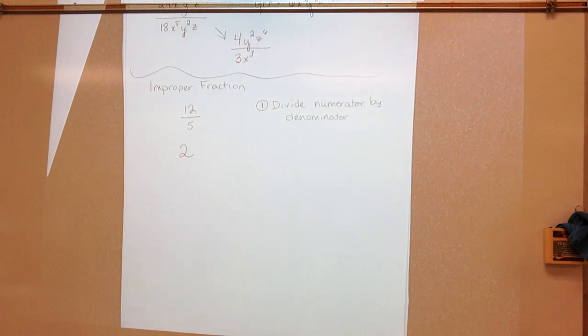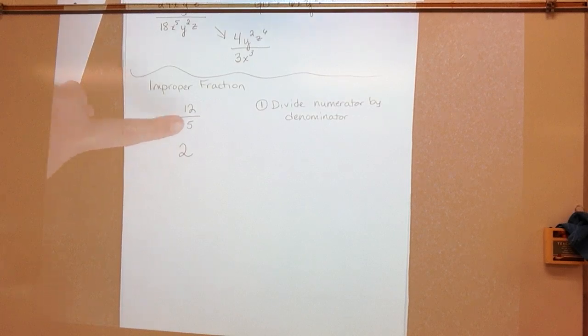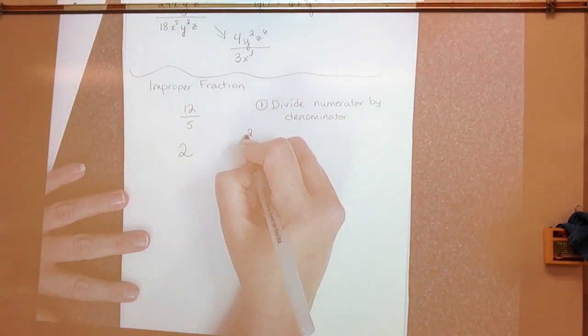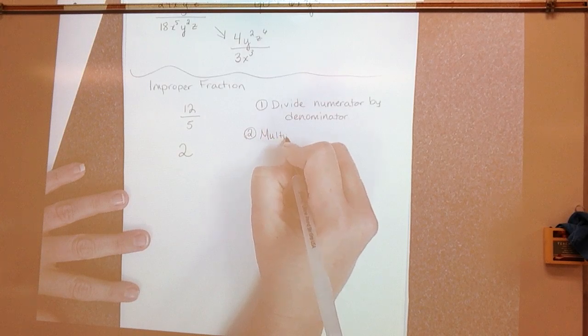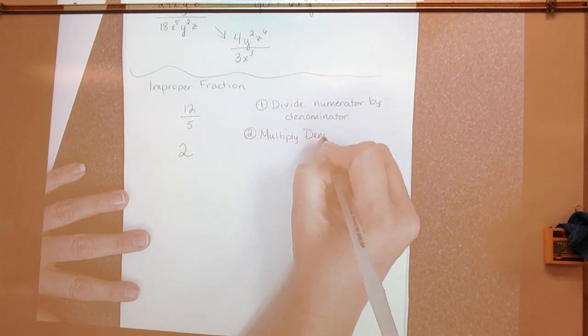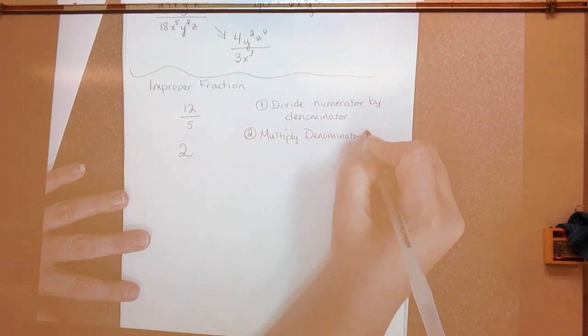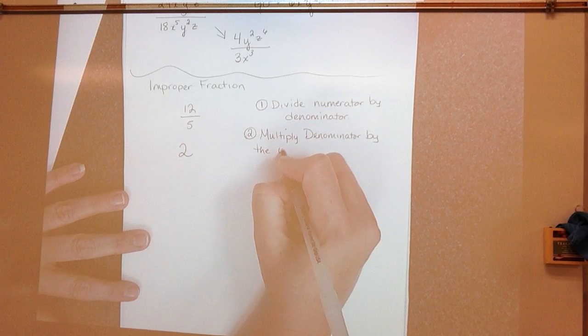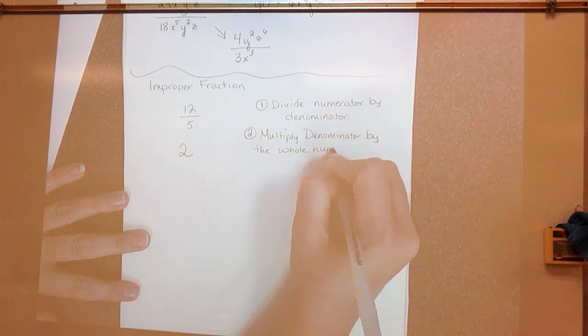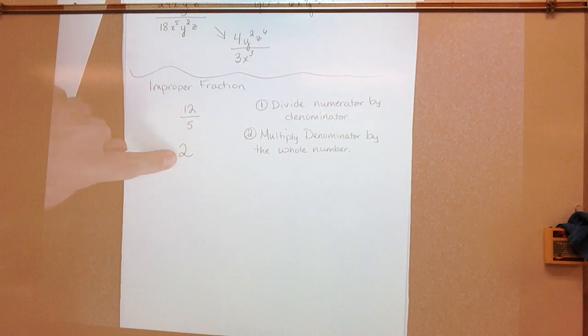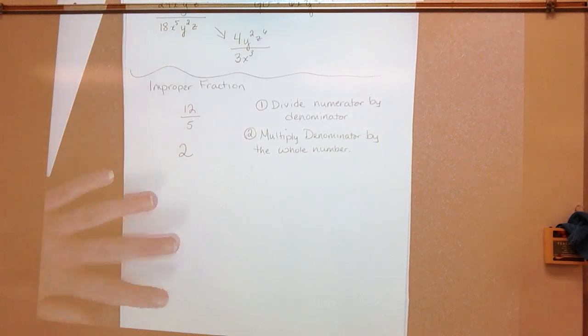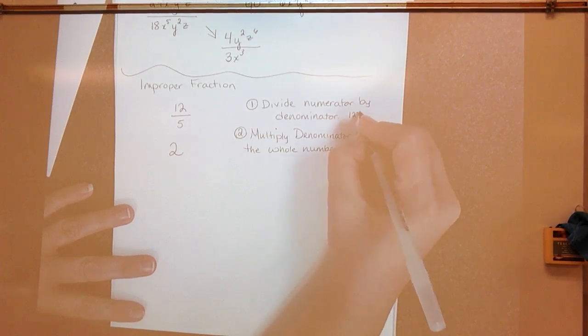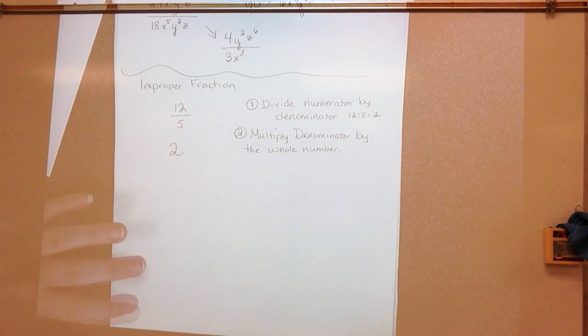The next thing I need to do is subtract the product of my whole number and my denominator from the numerator. So I'm going to multiply the denominator by the whole number. So 5 times 2 is 10. So 12 divided by 5, and let me write this out here, is 2.